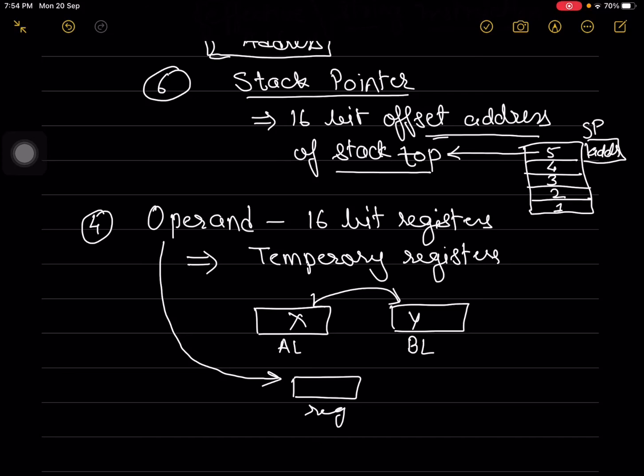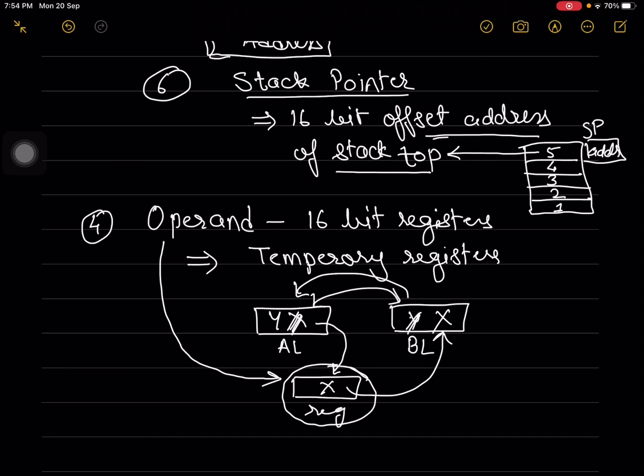So while exchanging the data between AL and BL, it keeps the data temporarily in the third register, the operand register, and then the data between AL and BL, that is X and Y, is exchanged. The data X is first kept in the temporary register, Y is transferred into AL, and then X is transferred into BL from the temporary register.